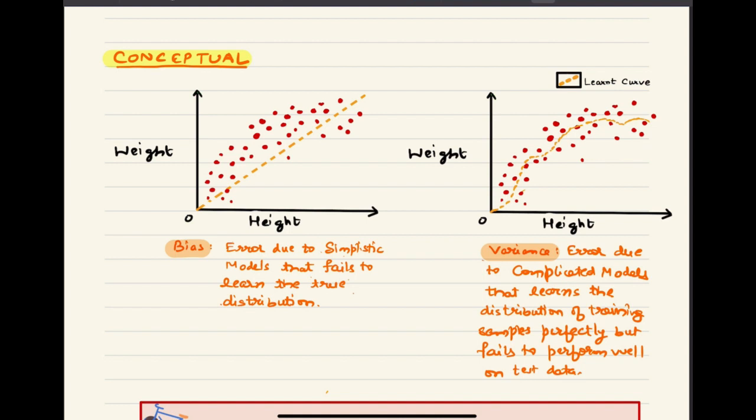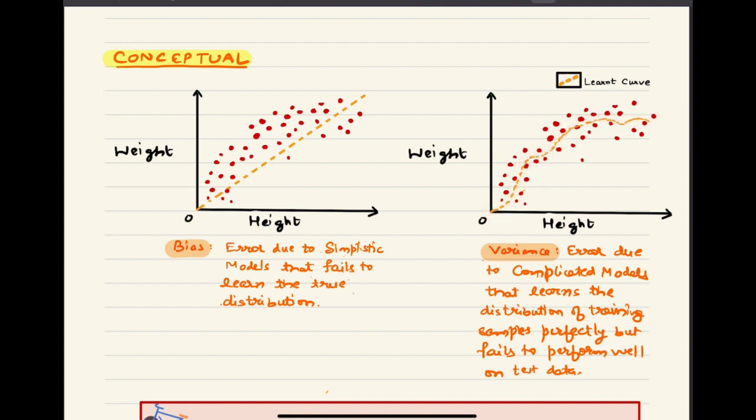Now what if we try to learn a complex machine learning model that fits the majority of our points? By fit, I mean the true relationship between height and weight. The best line would go over and pass through the majority of points.